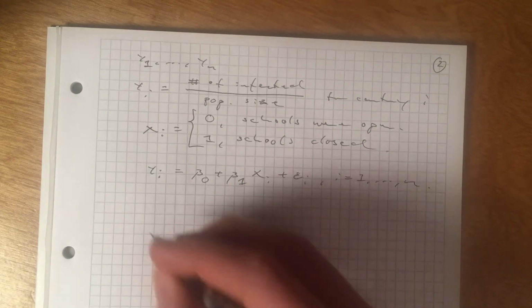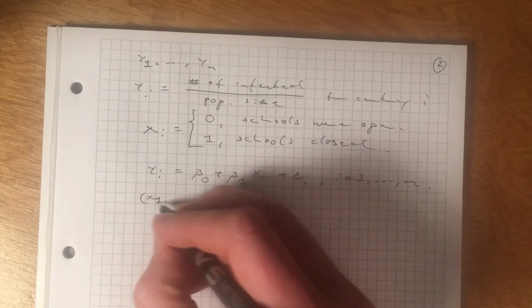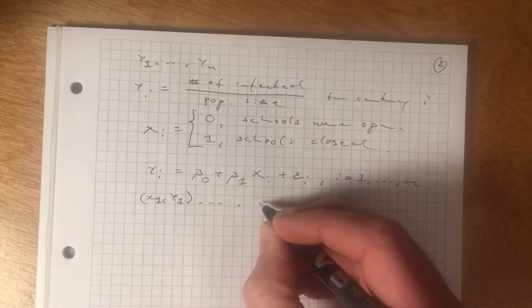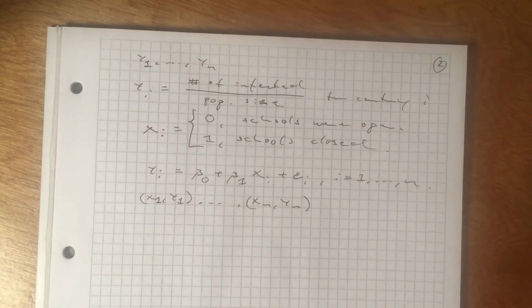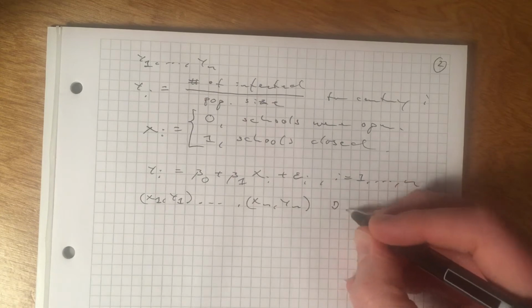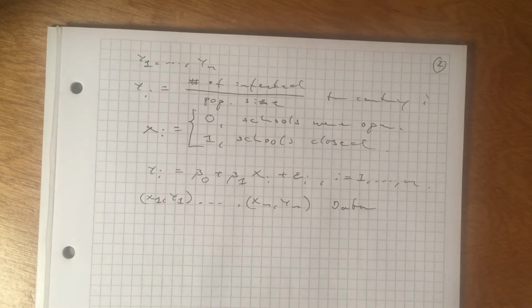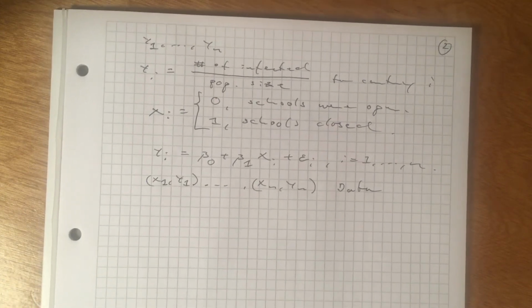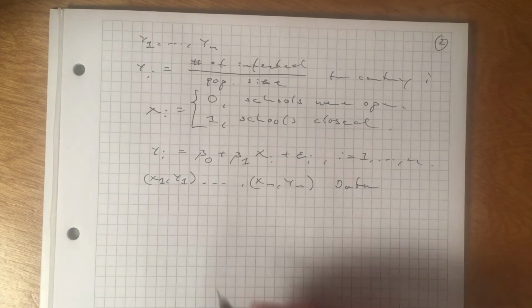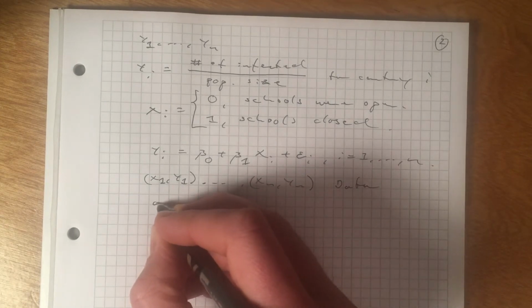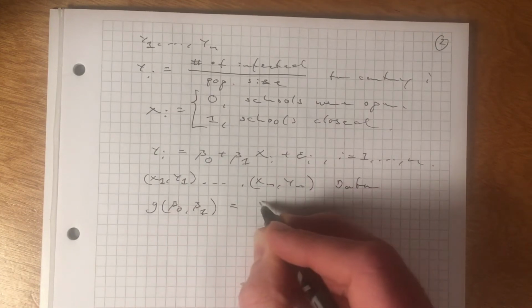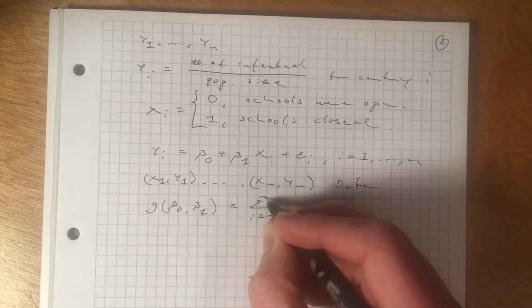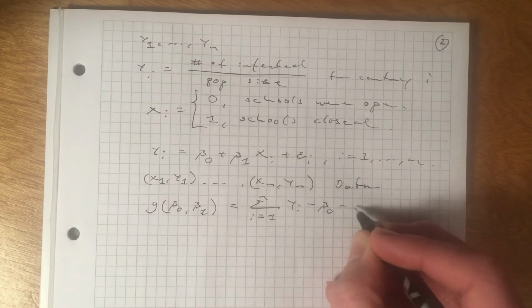What we'll do is, based on our data, x1, y1 for country 1 up to xn, yn for the nth country, we can use these data to estimate these parameters. We'll do least squares estimation, which means that we'll find the values of beta 0 and beta 1 that minimize this function.